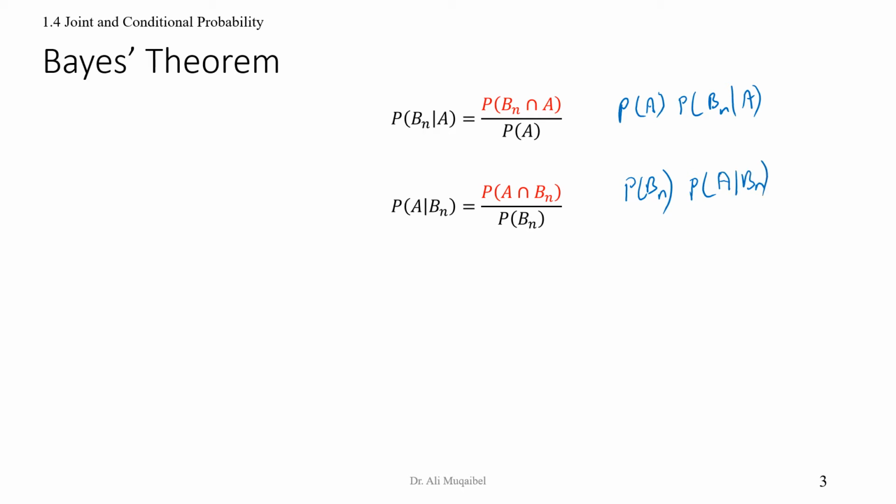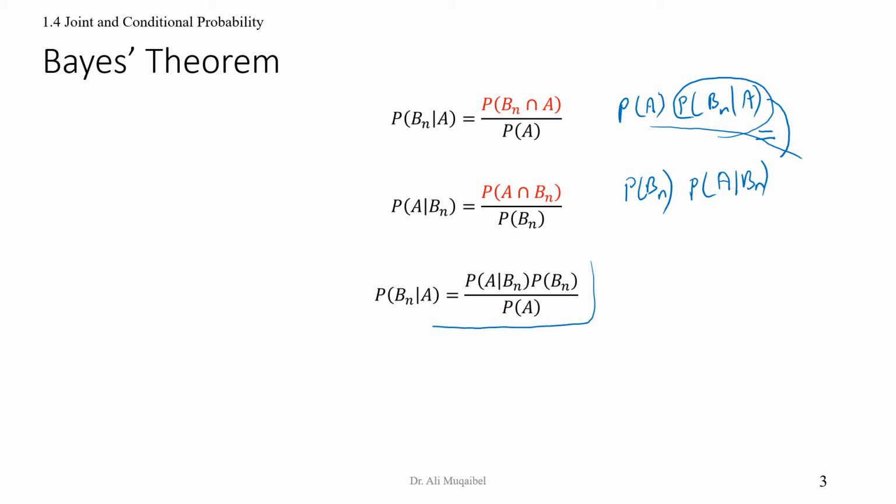Now these two are equal because the red term is the same in both expressions. So because they are equal, I can write the following. I can say the probability of B given A, divide both sides, so I got the following expression. And this is what we call Bayes theorem.